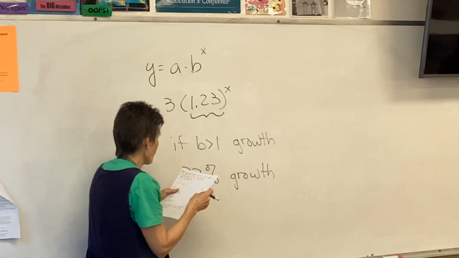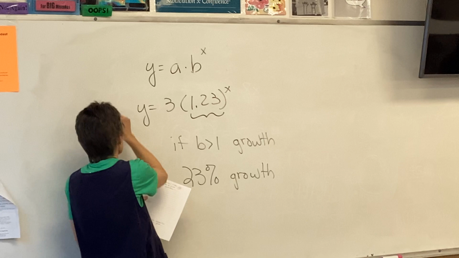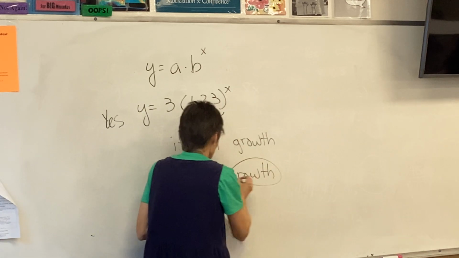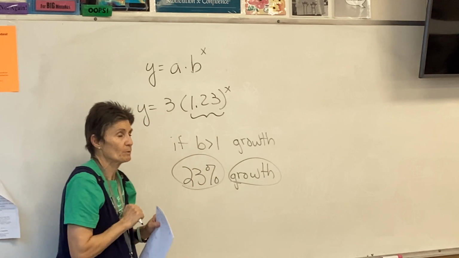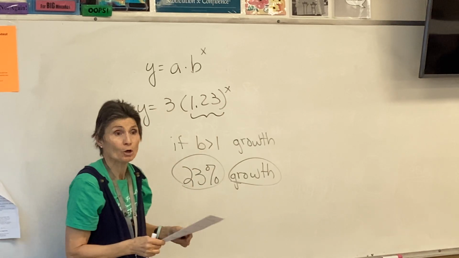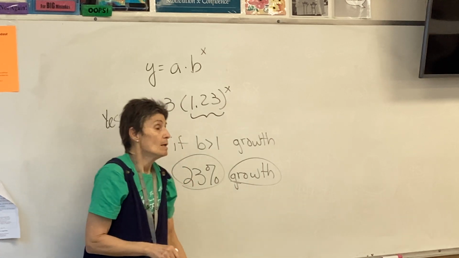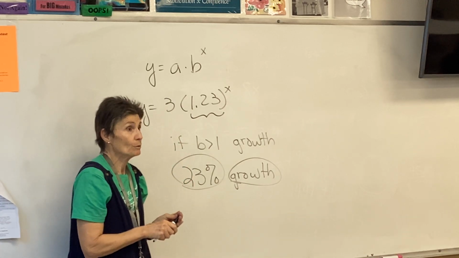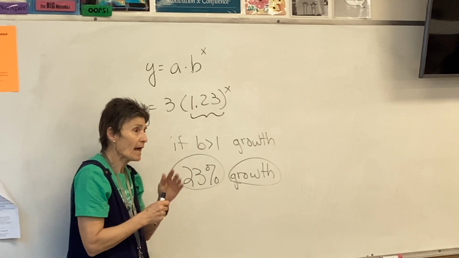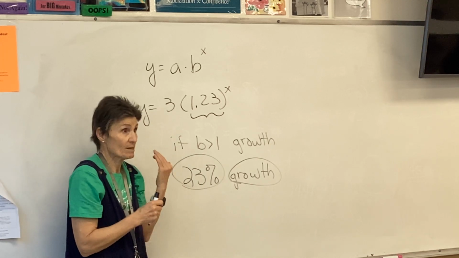I'm answering all the questions. So this was a yes. It is a growth. And its percentage is 23%. And now I need to know the initial value. The initial value is the starting value, and that happens when x is 0.